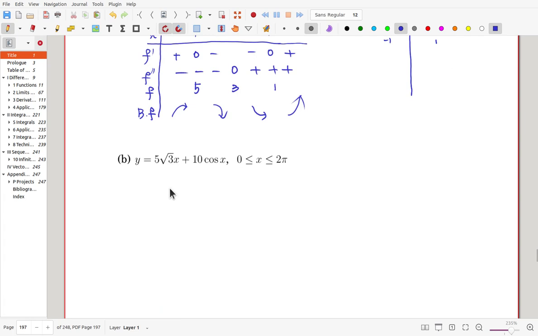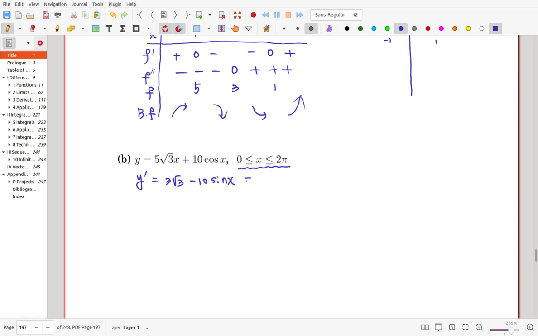For this one, also, you can do it quite easily. The same, but now the domain is given as 0 to 2 pi. So y prime equals 3 square root of 3 minus 10 sine x.